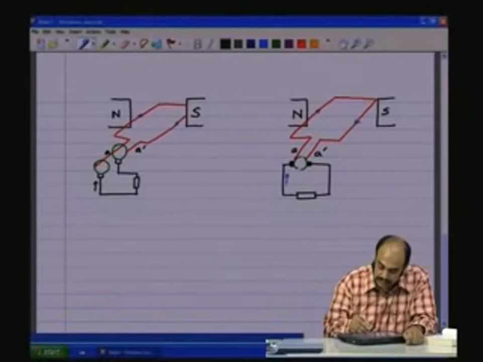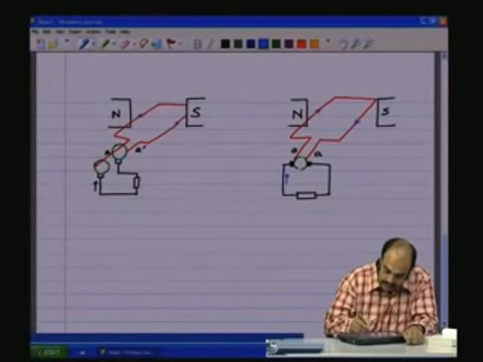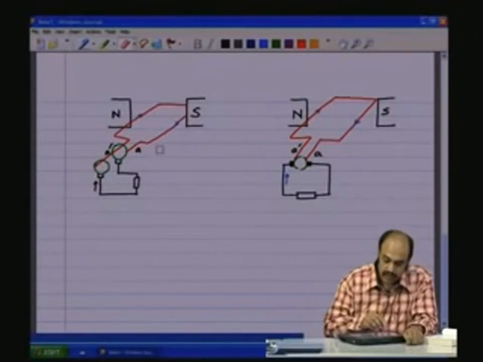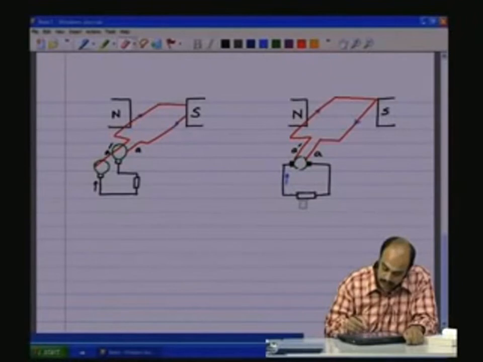And when this A portion of the conductor has come to the south pole side, we have A on this side, A dash on this side. Likewise, here also we have A dash on this side and A on this side, which means it has rotated. So in A dash the current direction is as shown, and in the external circuit also the current direction is as shown, through the brushes.